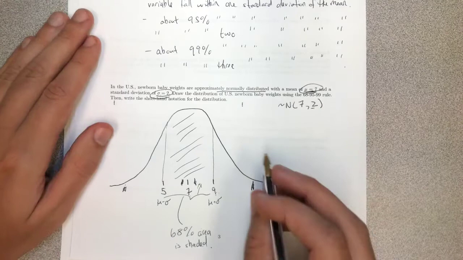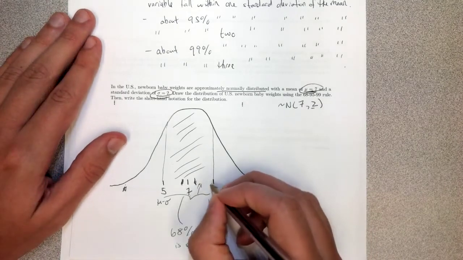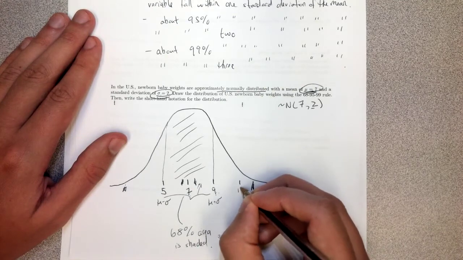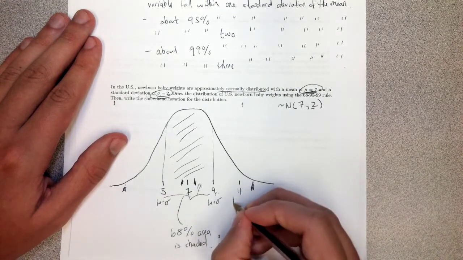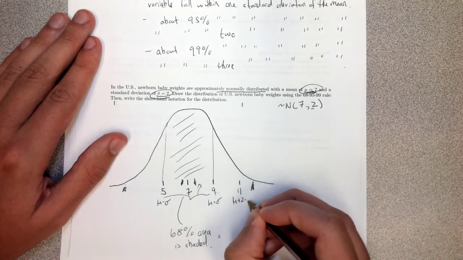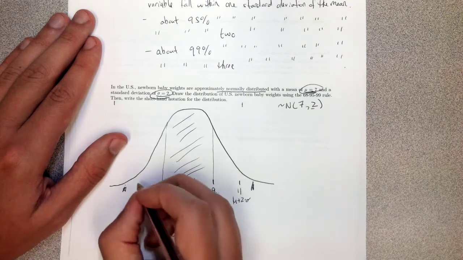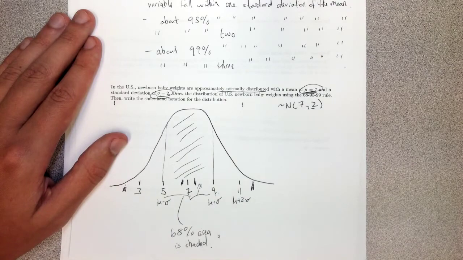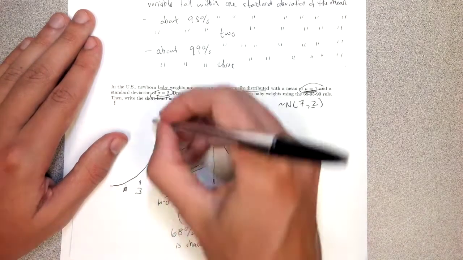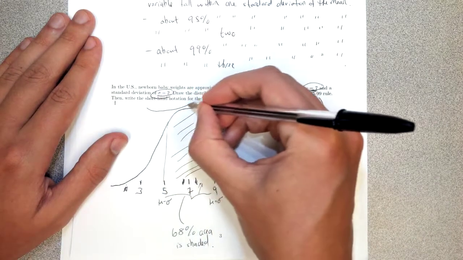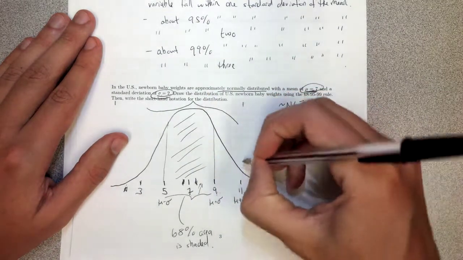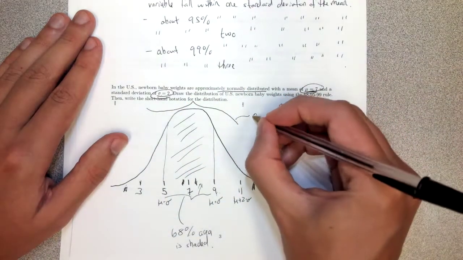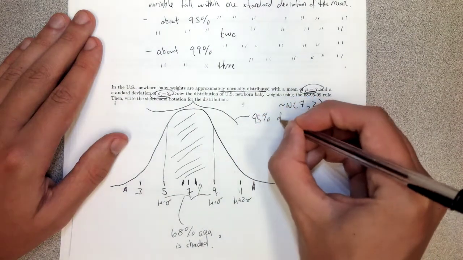Okay. And then when I go 2 standard deviations out, I'm going to make my next tick mark be 11. So that's mu plus 2 standard deviations. And then on this side, it's going to be 3. Then that means that if you shaded between 11 and 3, that area should be 95%.